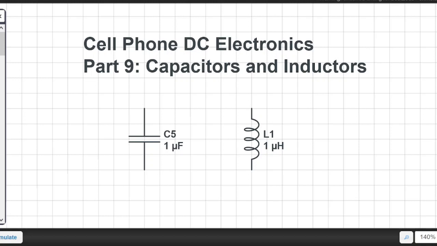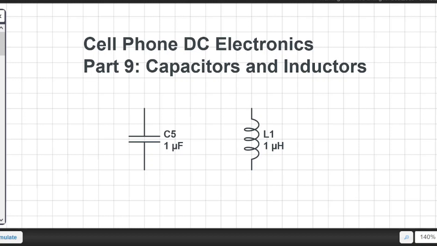And it also filters a line. So again, it creates a stable amount of electricity, but it uses magnetism to do it. It uses an electromagnetic field. And so capacitors store their energy in an electrical field, and inductors store their energy in an electromagnetic field.